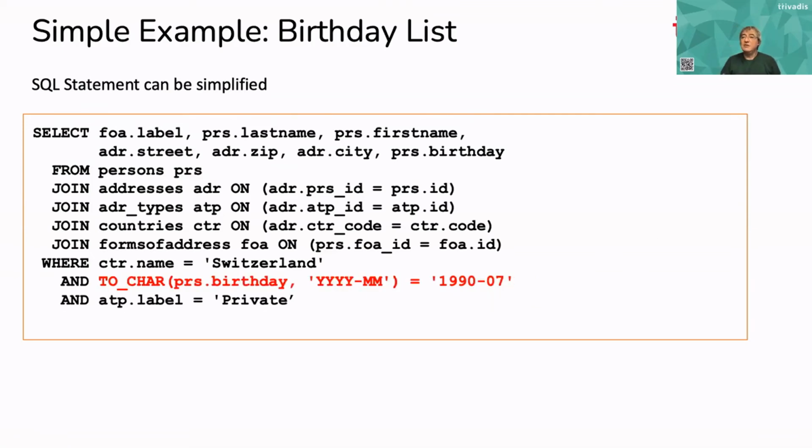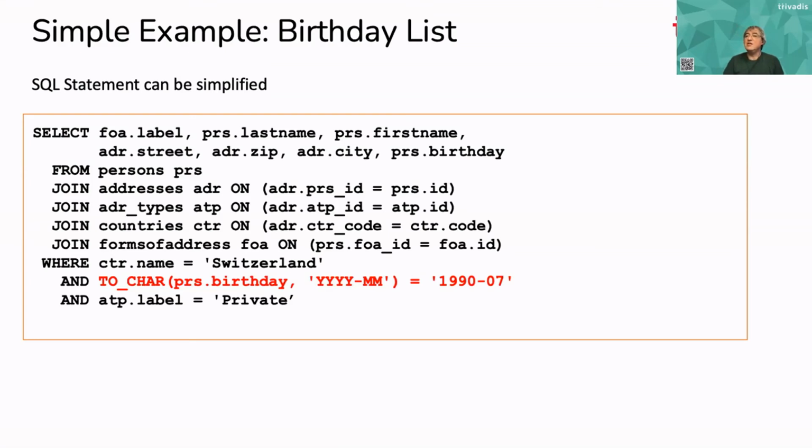And when there is no additional information, for example a function-based index or extended statistics, then the default selectivity is just 1%. So the optimizer thinks that 1% of all persons are born in July 1990. And actually there are much less than this 1%.